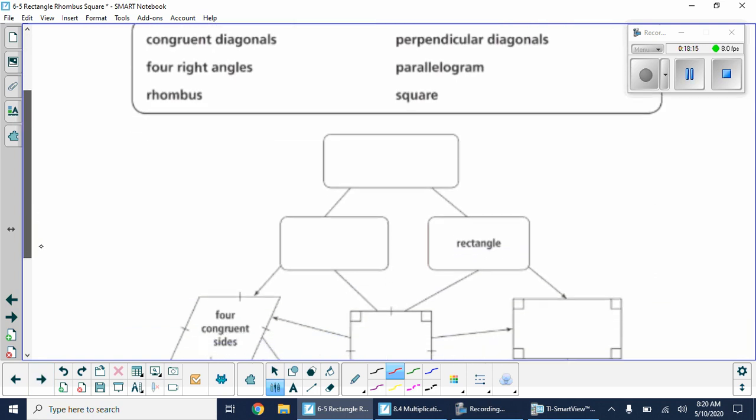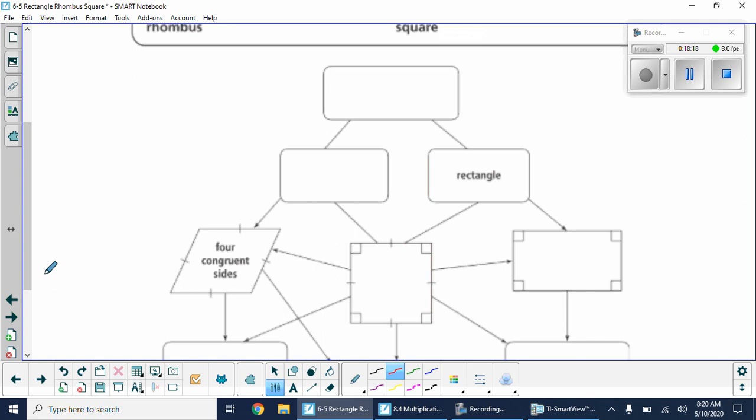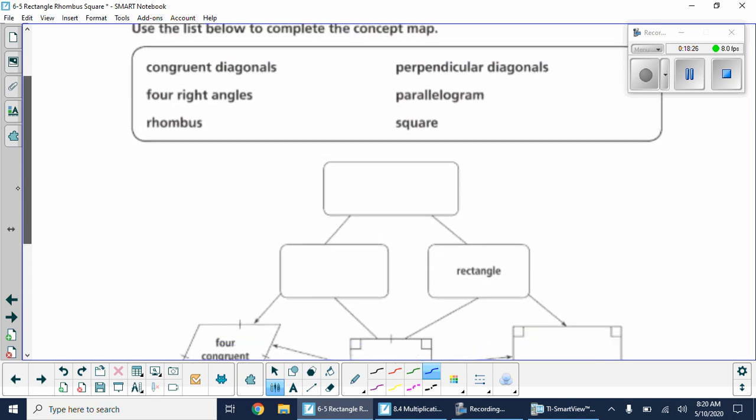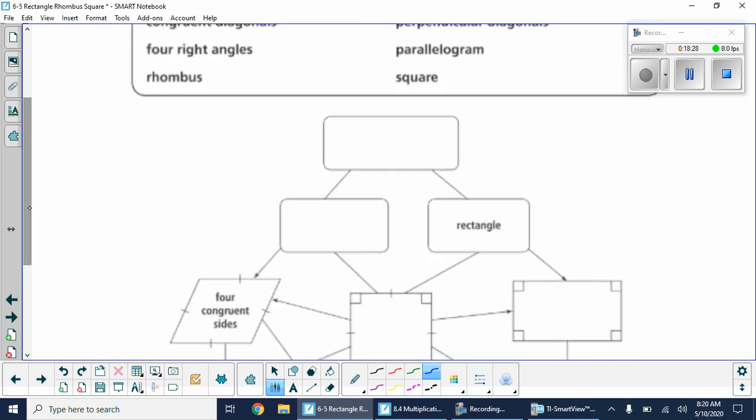We're going to fill in a little flow chart to finish this off. Now pardon my handwriting here. First of all, if we take a look at this little flow chart, we start off with parallelograms. A parallelogram is the basic part.